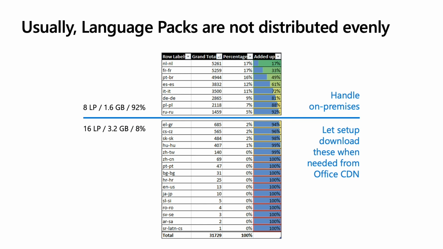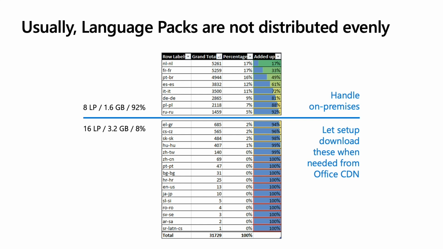So in 92% of my installations, one of these language files is actually required during install. But the lower 16 language packs, which are 3 gigs in size, are needed in less than 10% of all the cases. But if they're part of my deployment package, I'm syncing these 3 gigabytes to each and every device that I have in my environment. But less than 10% needed.